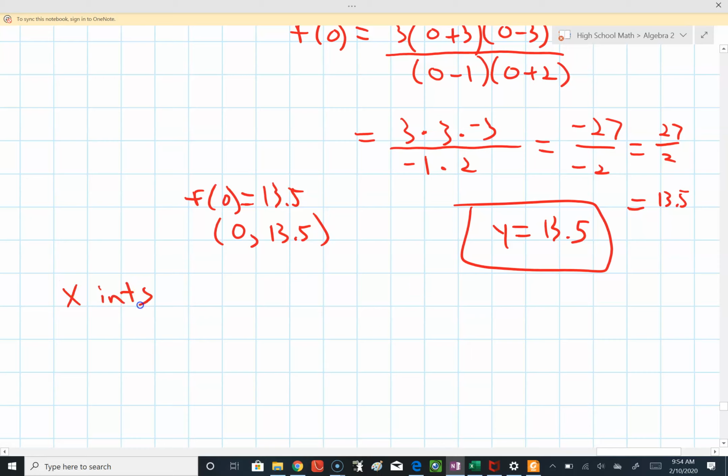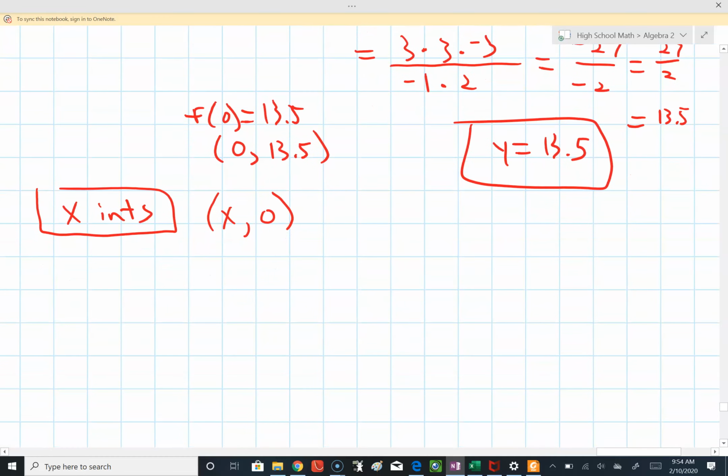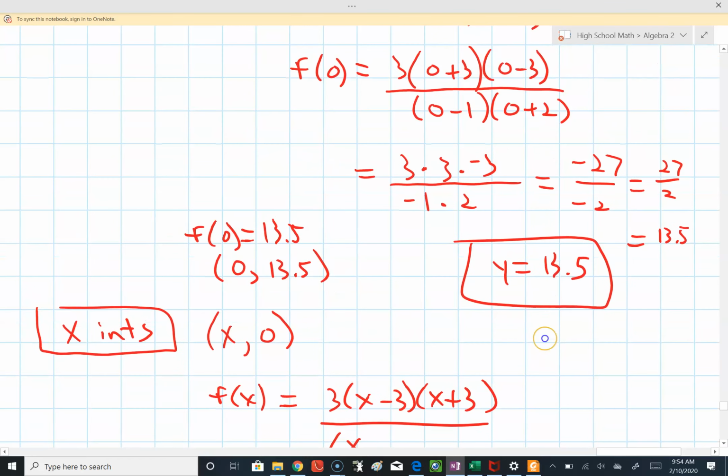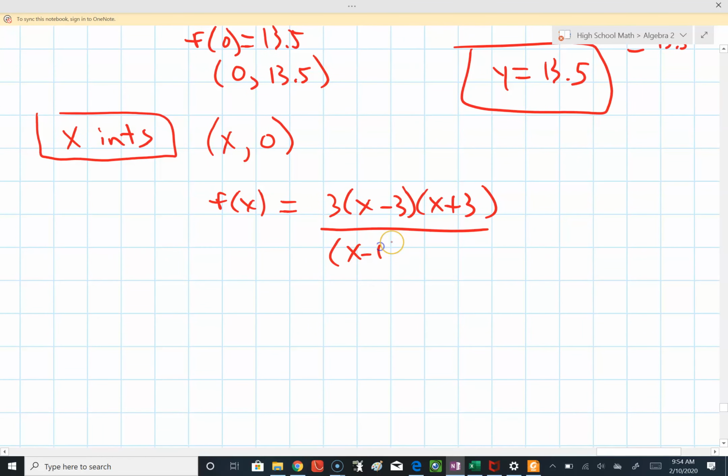X-intercepts. I'm going to let y be 0 and I'm going to solve for x. Again, my original function, with (x minus 1)(x plus 2) in the denominator.